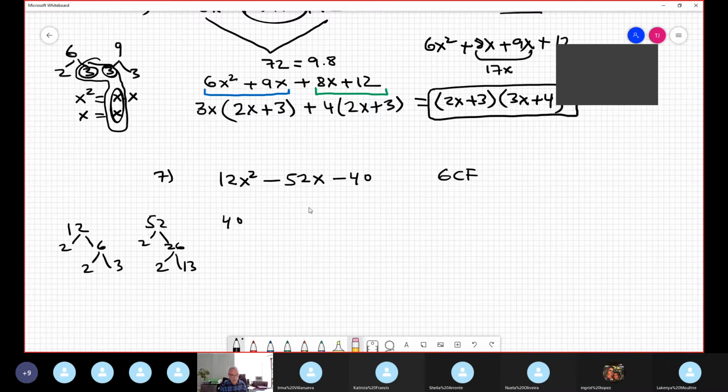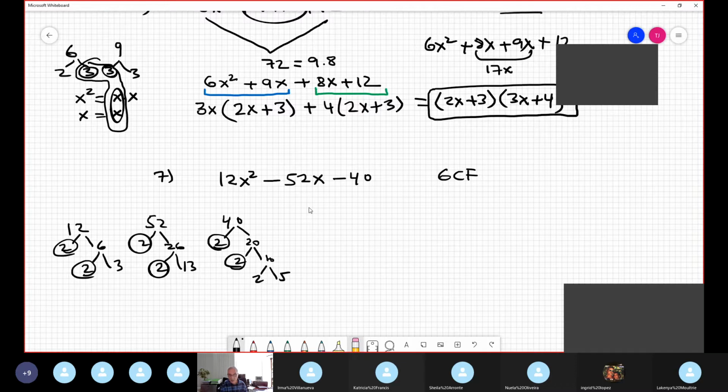And 40? 40 is 2 times 20, 2 times 10, 2 times 5. So I can see with my eyes what the common factor is. At least one 2 is common. Another 2 is common. And no more 2 is common, right? The GCF is 4. Very important.